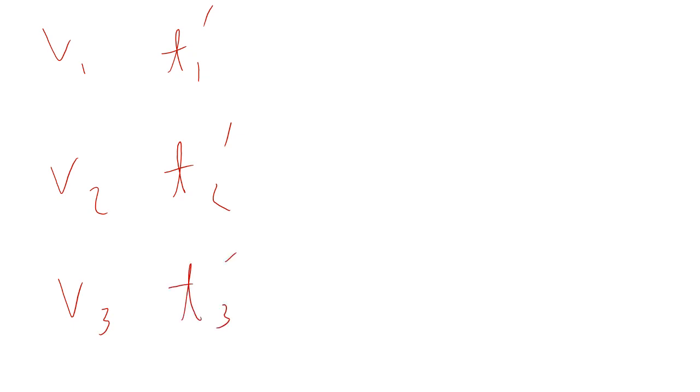Well, how do you get the t1 prime? t1 prime is midway between the initial t1 and t2. So that's going to be t2 plus t1 divided by 2.